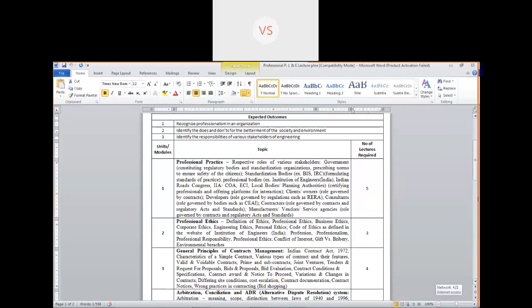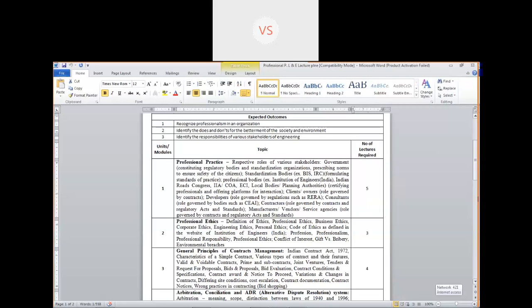It also covers professional relationships, civic relationships, and ethical obligations of engineering practice, and describes contract management and various legal aspects related to engineering. This is the summary of the course.